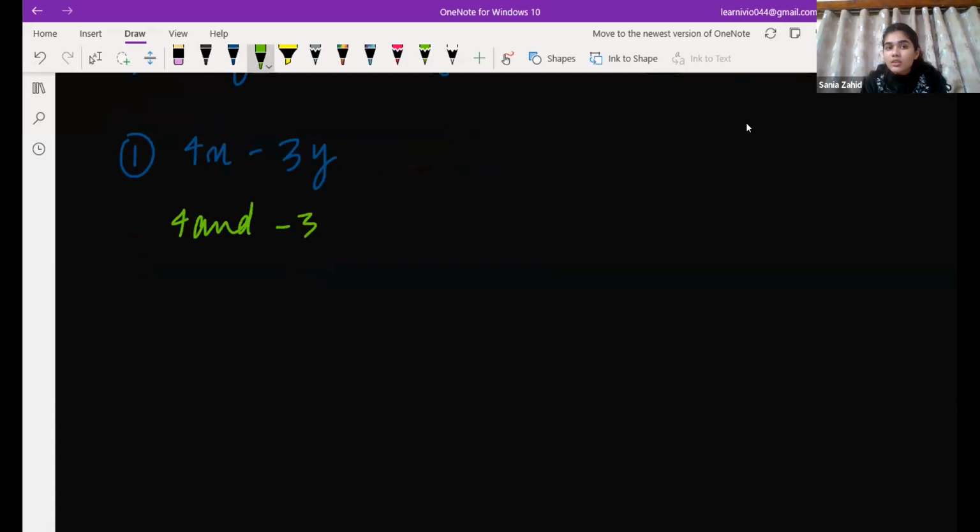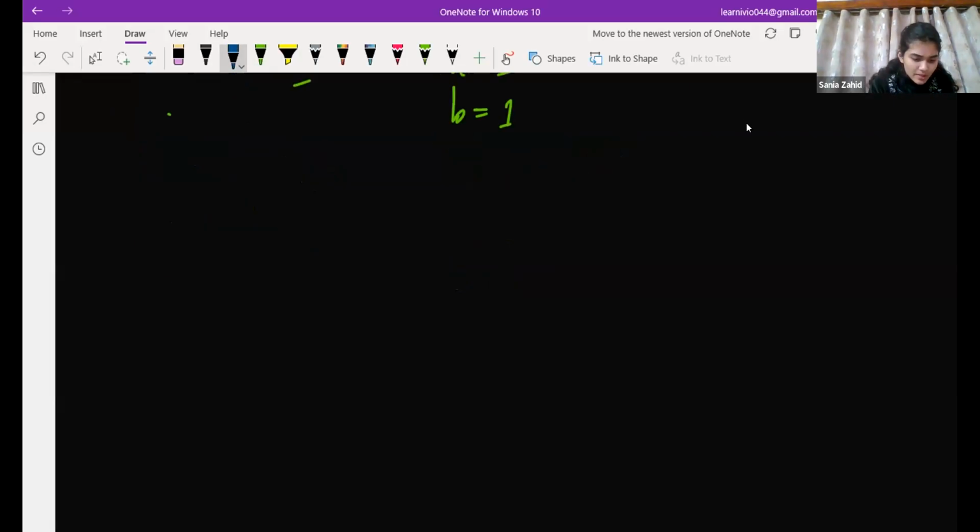Okay. Now Manha, tell me for a plus b plus 5. 1 and 1. For a also it is 1. For b also it is 1. Okay. You always write the coefficients like: the coefficient of x is 4, coefficient of y is minus 3. Coefficient of a is 1, b is 1. This is how you write.